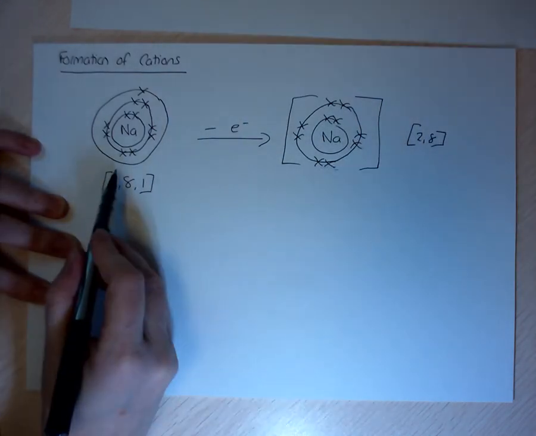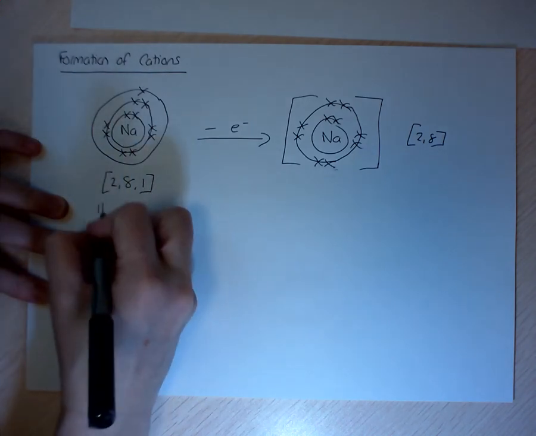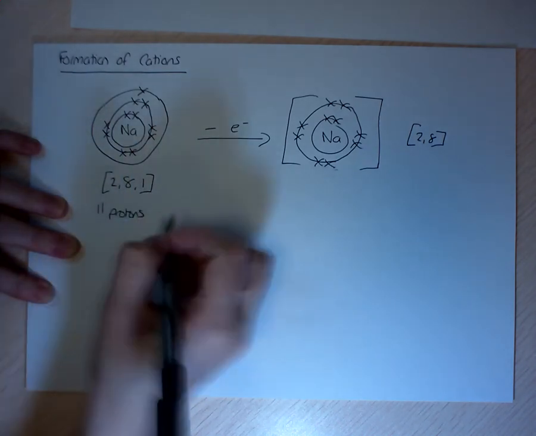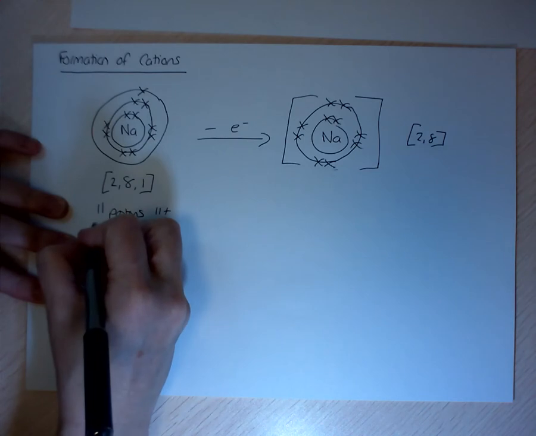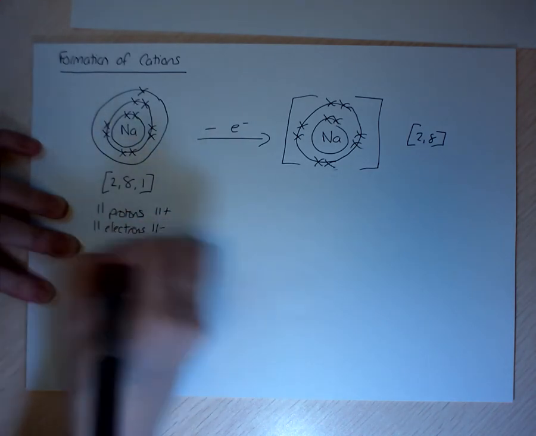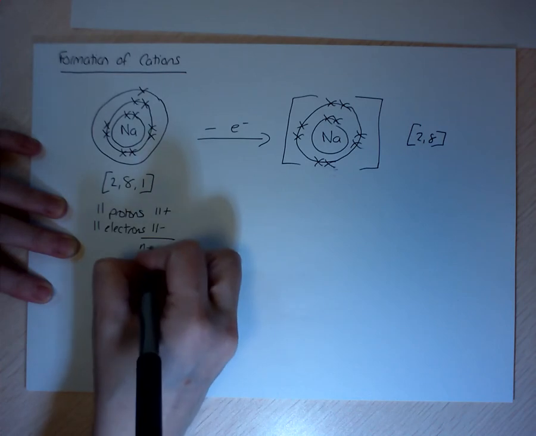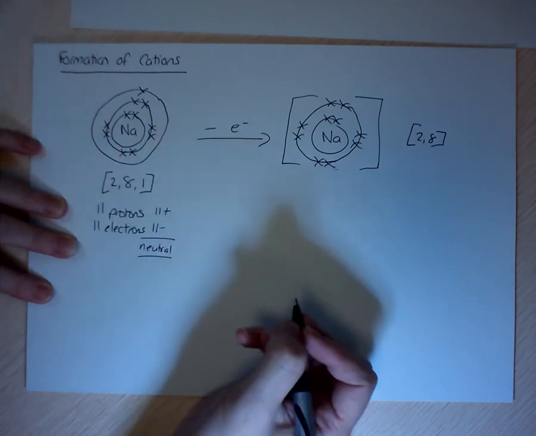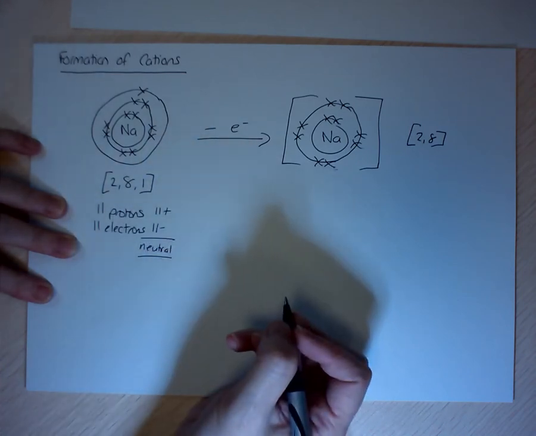Now at the start, when it was an atom, there were 11 protons, so 11 positive charges, and 11 electrons, 11 negative charges. So overall there is no charge, and that would be a neutral atom.